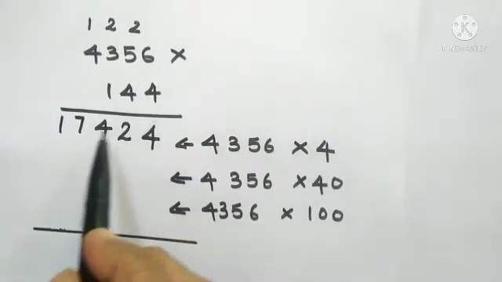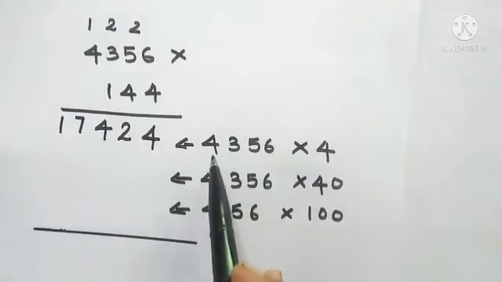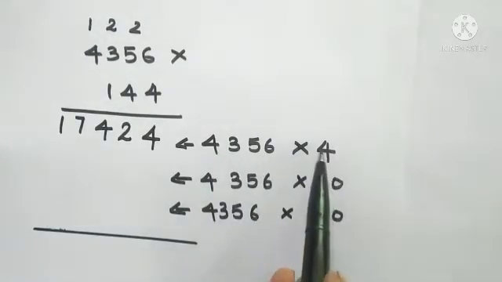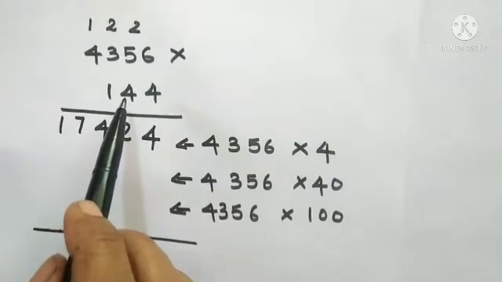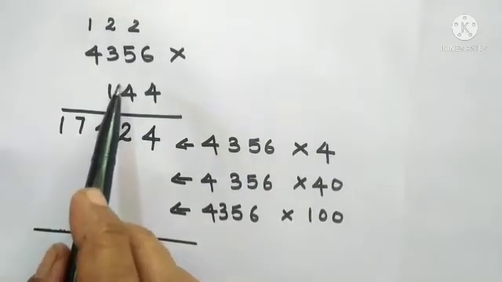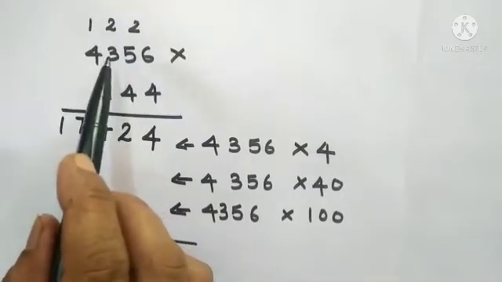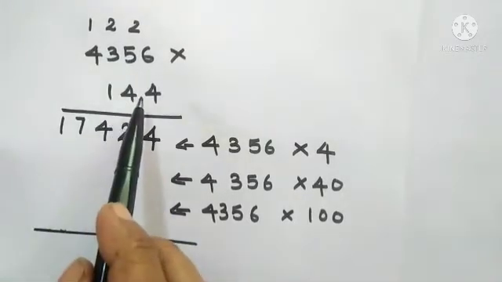You understood this method? So, 4356 into 4. Next digit, the tens place digit, is 4. So its value is actually 40. We have to multiply this number with 40.